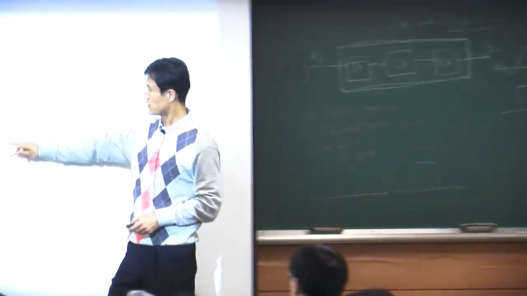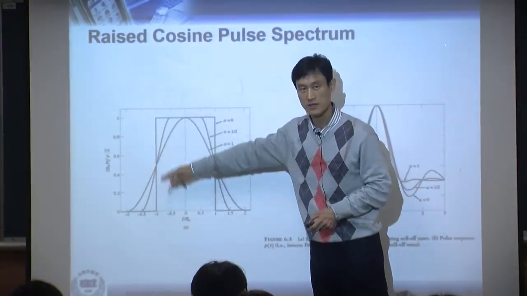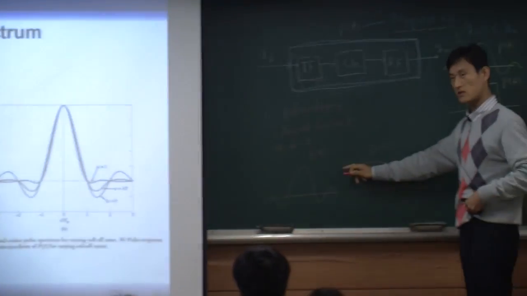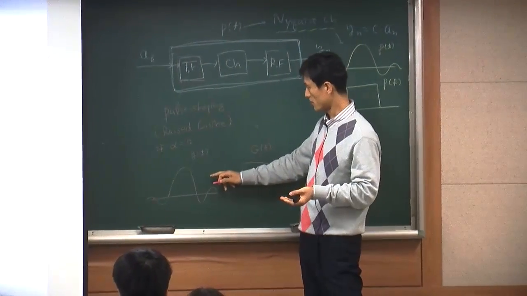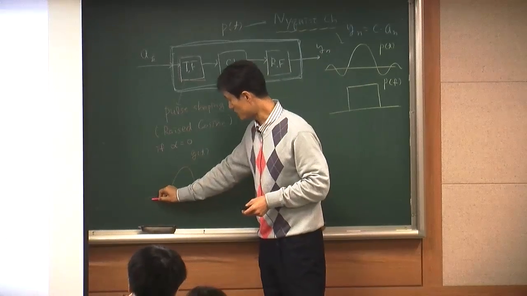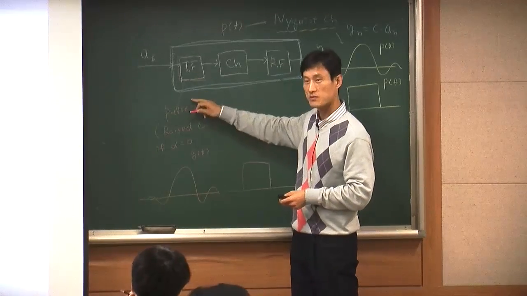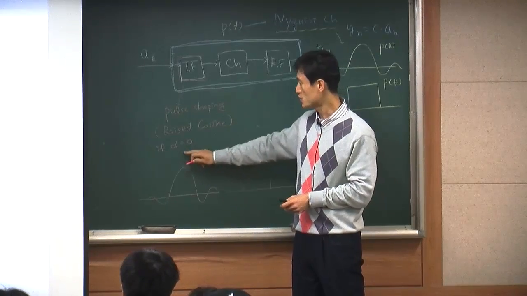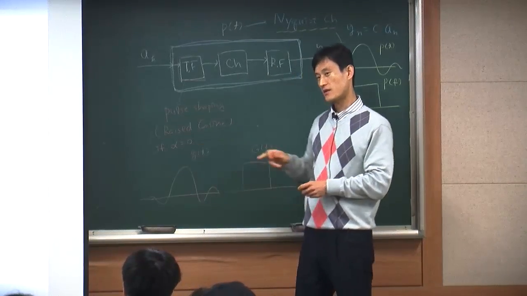Because when alpha equals 0, this is going to be rectangular, right? So I'm basically talking about the time domain response and frequency transfer function of the pulse shaping filter, and I choose alpha equal to 0.